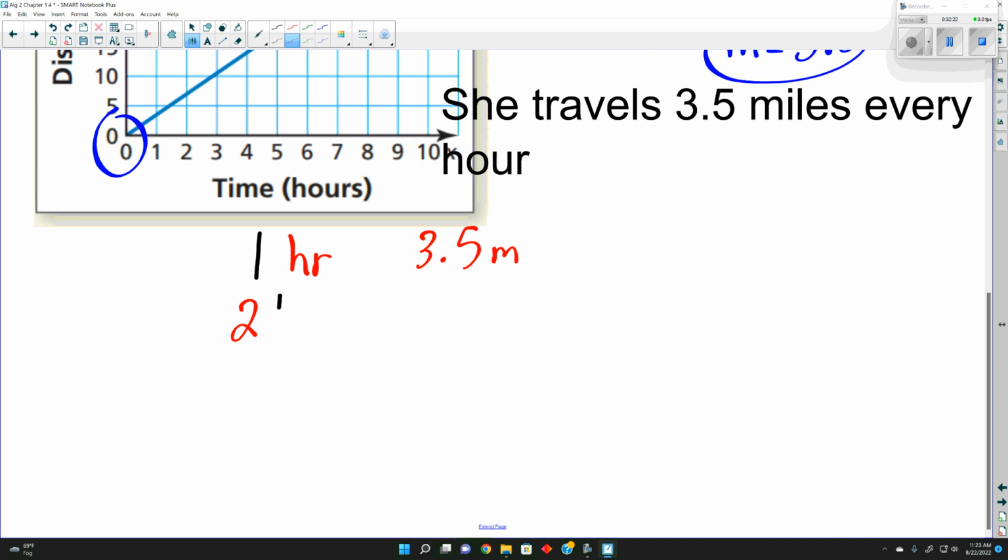After 2 hours, we would do 3.5 plus 3.5. Zero, carry the 1. So she travels 7 miles in 2 hours.